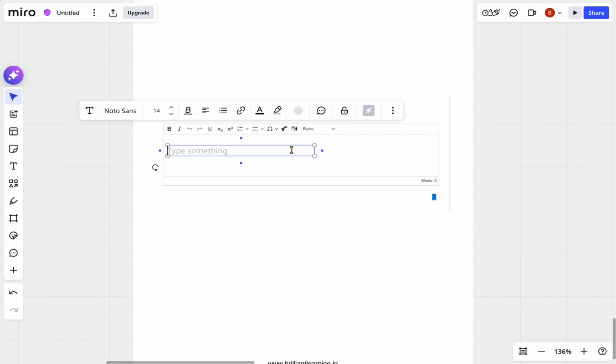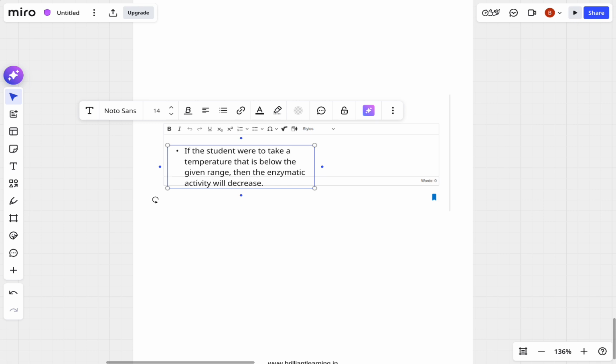So let's write the first point. If the student were to take a temperature that is below the given range, then the enzymatic activity will decrease.